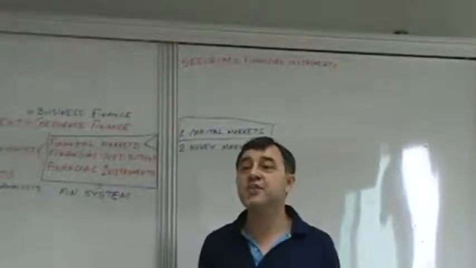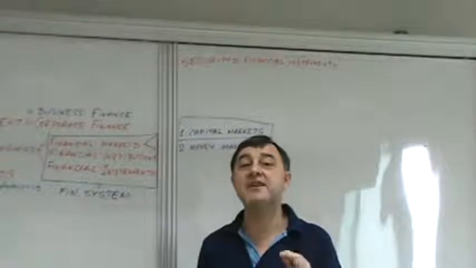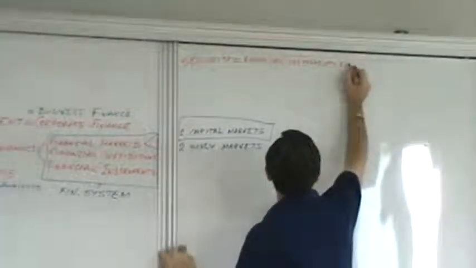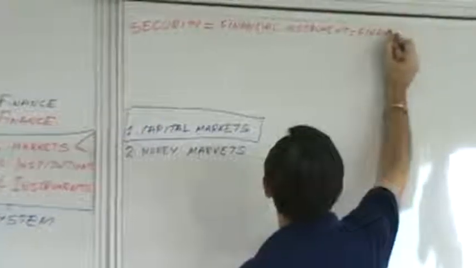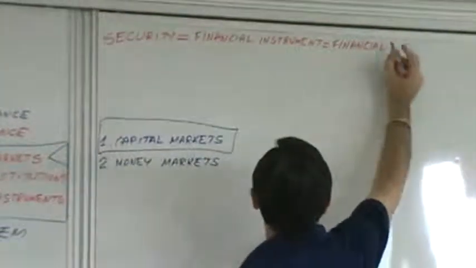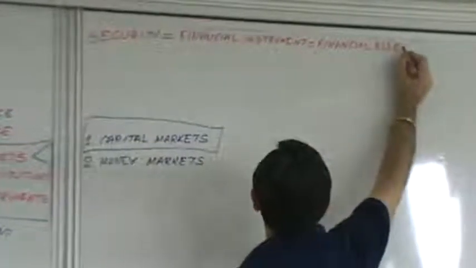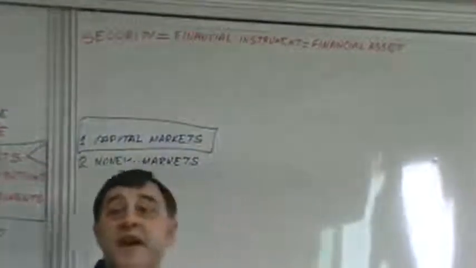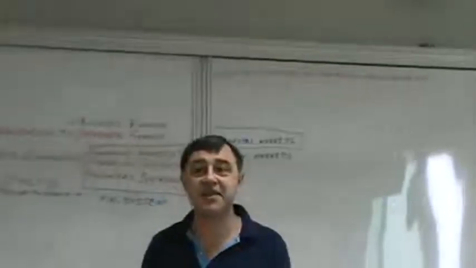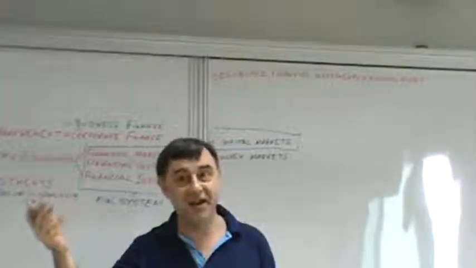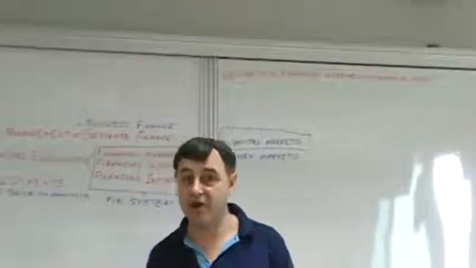And financial instrument is exactly the same as financial asset. And financial asset is an asset which is someone else's liability. We covered this a long time ago.